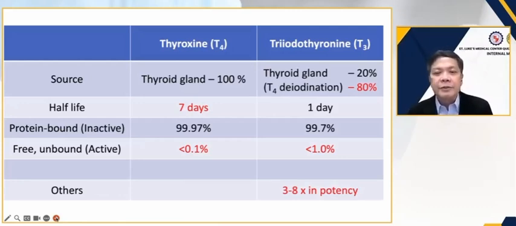The other reason that you need to know this is when we talk about hyperthyroidism or thyrotoxicosis later, there are two general types. It's either leakage of thyroid hormone or new production, what we call hyperthyroidism. In hyperthyroidism, such as Graves' disease, there is a preferential production of T3.